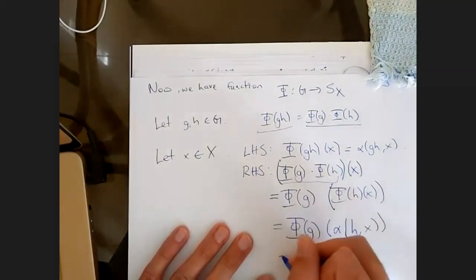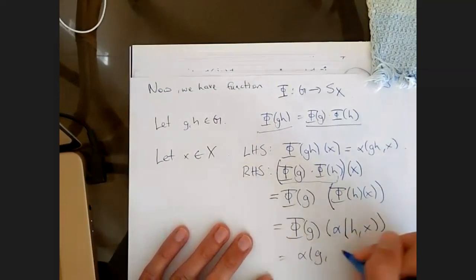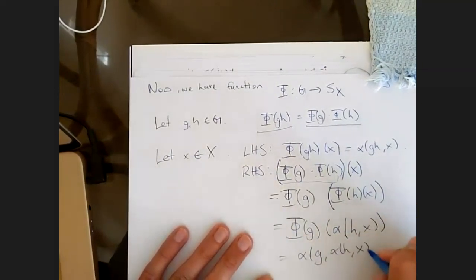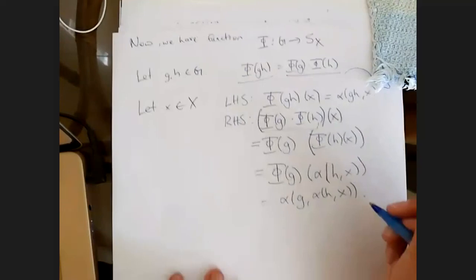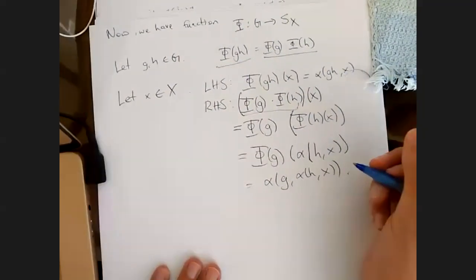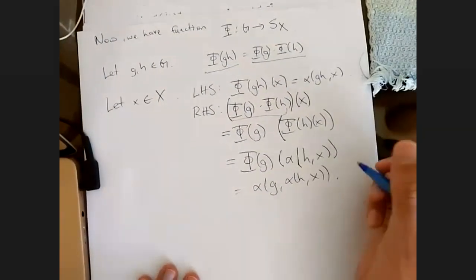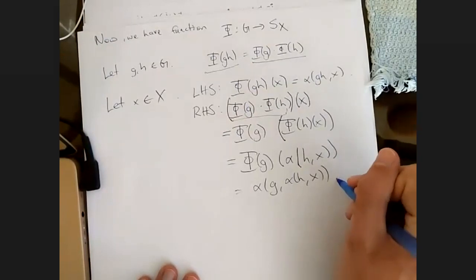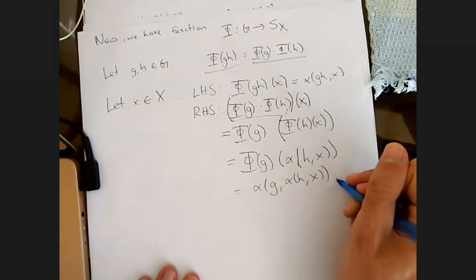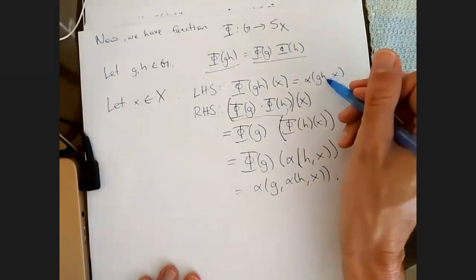Phi of g of that is just alpha g of alpha h x. Now we see that this is just like one of the properties of being a group action, that alpha gh x.